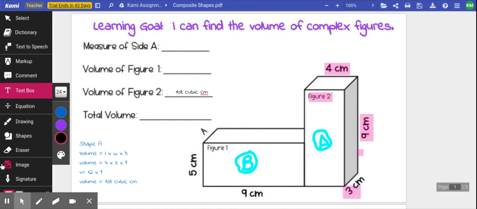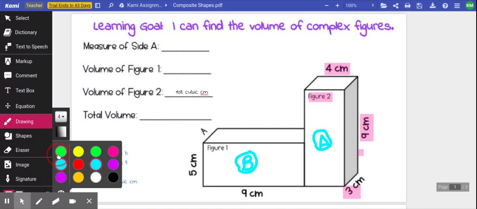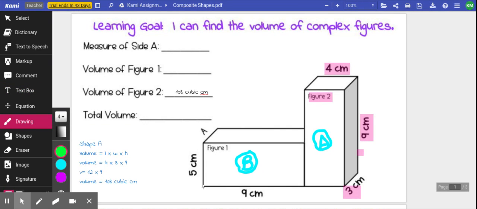So if you look at this particular shape, we could go ahead and see here that the length is right here, which I am highlighting in green. And you'll see that the height is right here, which says 5 centimeters. Now you'll notice that the width here is labeled as A. That dimension is missing.